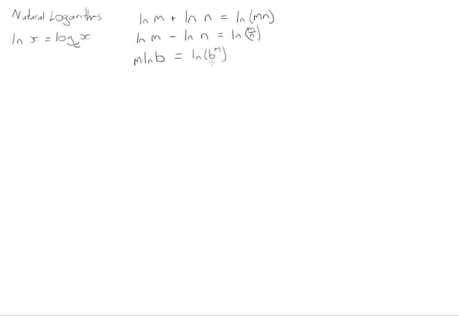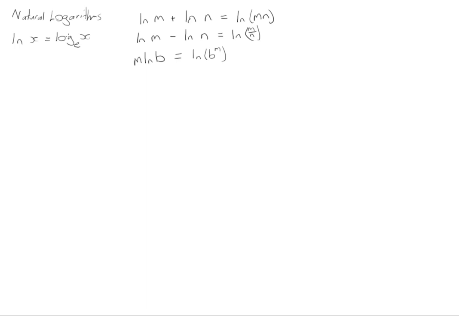So it's worth noting that in our calculators we do have a log button and we have a natural log button. We should use natural log, the ln button, to work out these, not our log button.